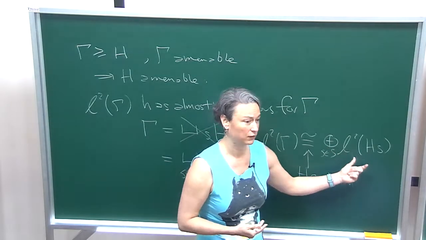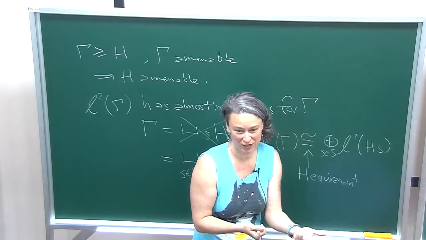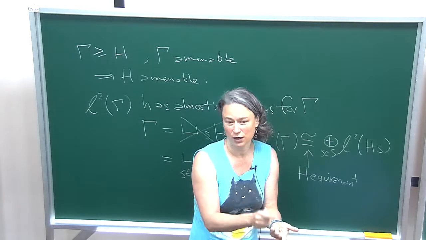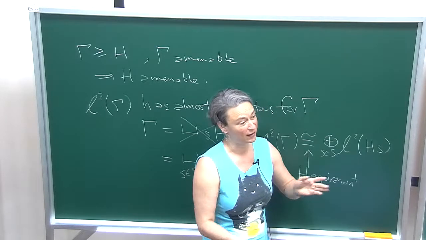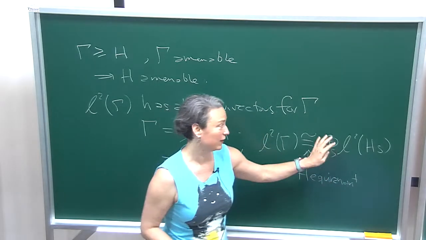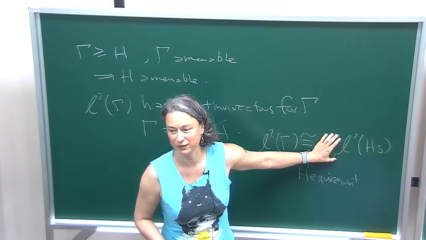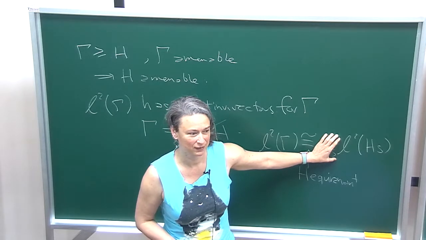So each of these factors. My almost invariant vectors have a large projection, this is important, a large projection in some factor. So you have to find the factor and then show that it's actually isomorphic to the left regular representation, but hopefully that's pretty obvious.